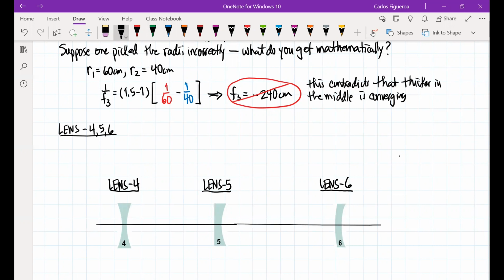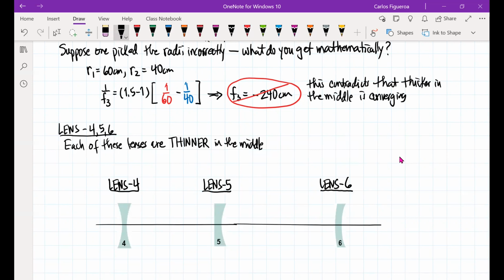what you're seeing here is that if you look at each of these lenses, each of these lenses are thinner in the middle, right?